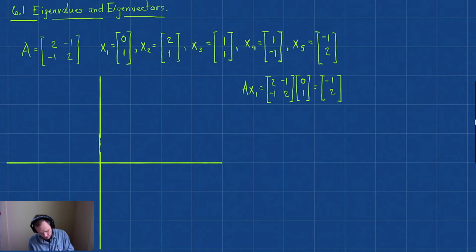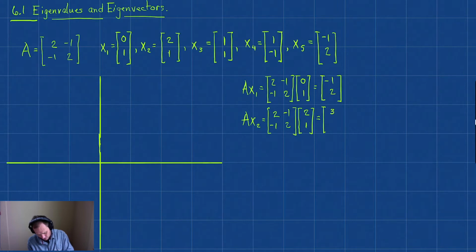Let's try another one too. We'll calculate each one of these. Let's try Ax2. That's going to be again 2, -1, -1, 2, times, what did we say, 2, 1. Well, that's going to be 4 - 1 is 3, -2 plus 2 is 0.